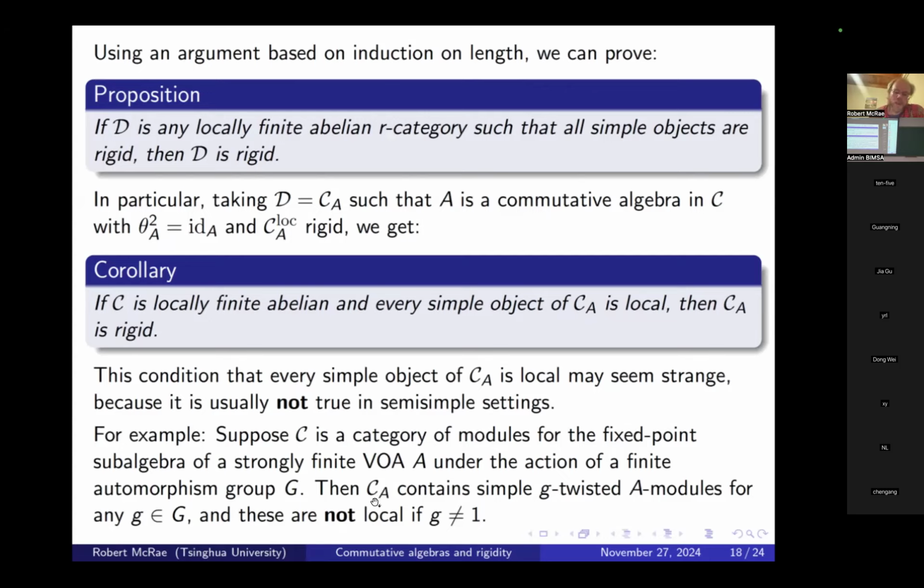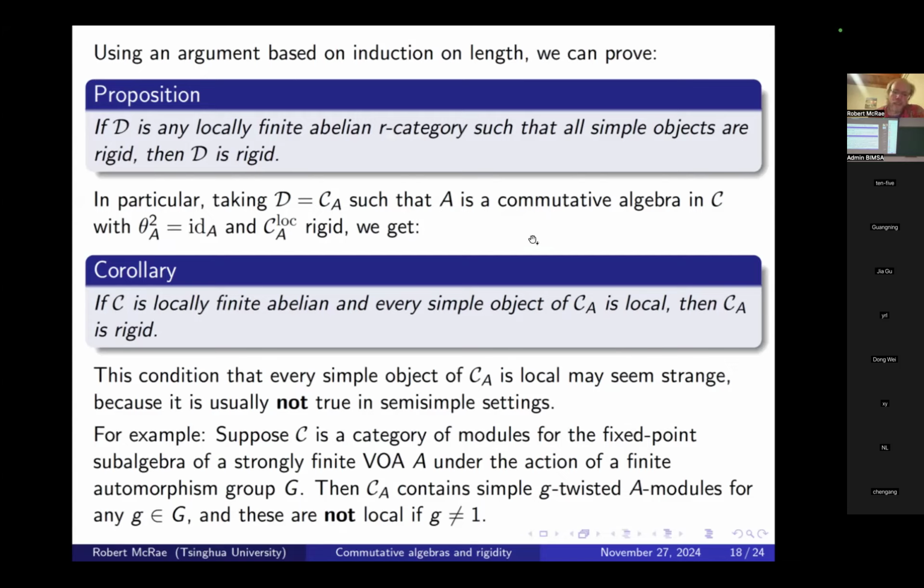This category in general will contain simple G-twisted modules in the twisted sectors of CA, if you prefer to call them. And these kinds of twisted A modules are not local. So this is a situation where most simple objects in the CA category are definitely not going to be local objects.